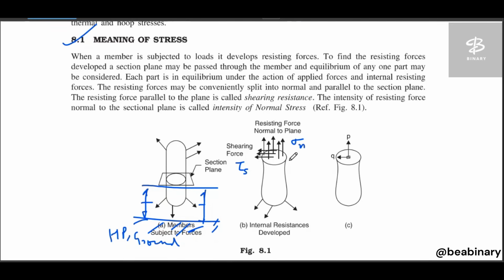The friction forces act on those surfaces. So the shear stresses occur parallel to this plane, and the stress perpendicular to this plane is called the normal stress.